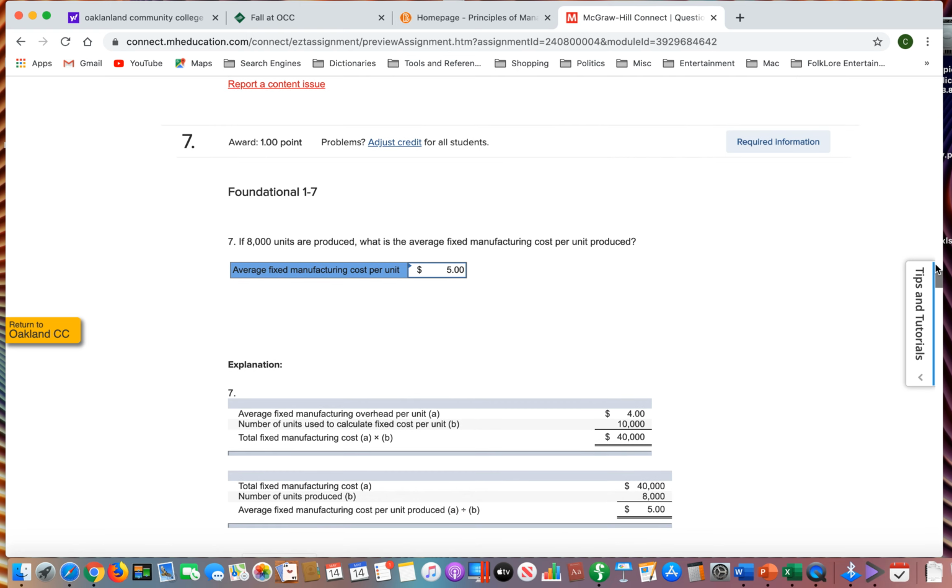And here's the way they did it. There's another way you can probably do it. This one is as straightforward as the other: $40,000 divided by 8,000 units. Okay, you see that? You could say, well, 8,000 units is 80% of 10,000. Let's see if my math is correct here.